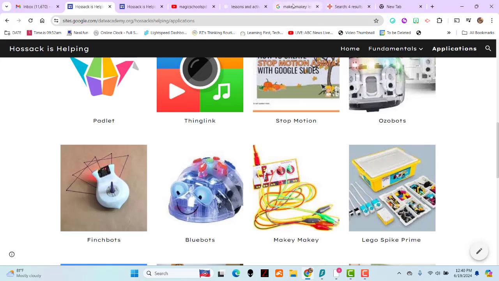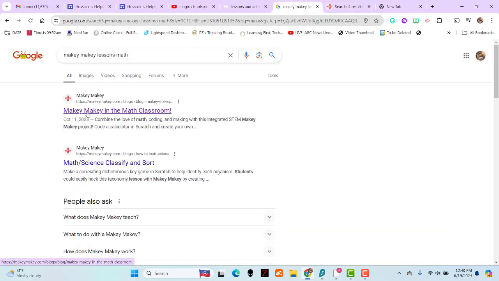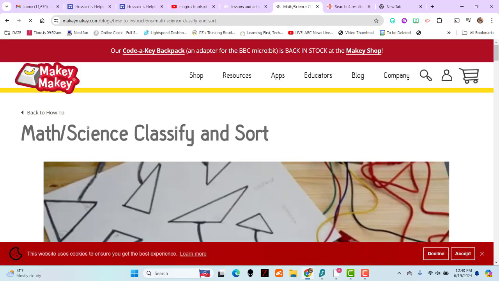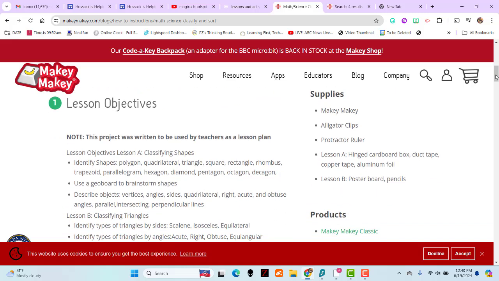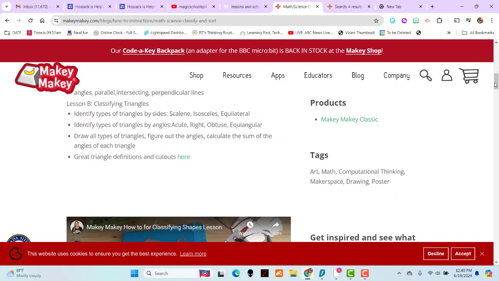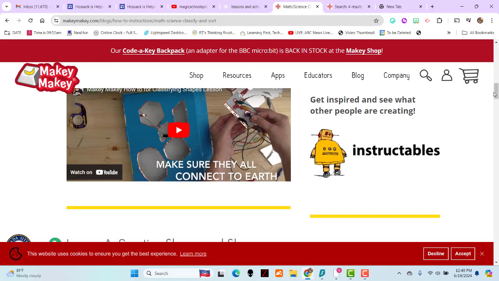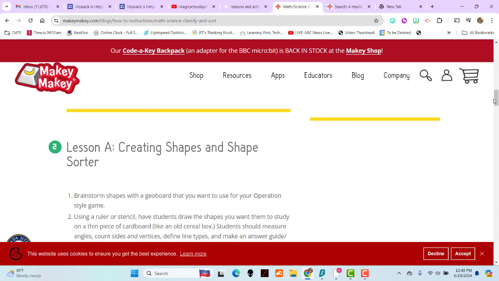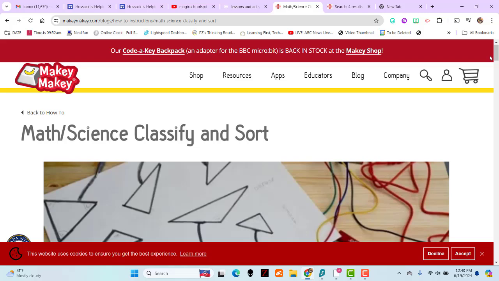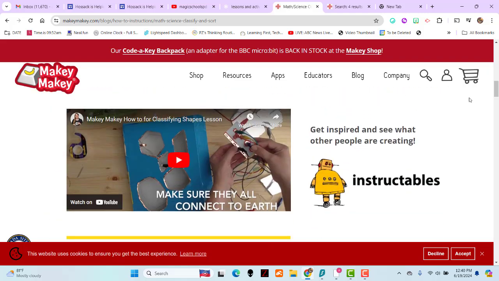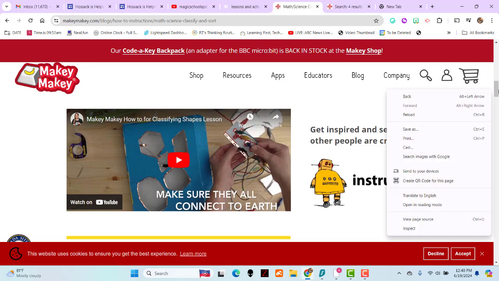If you look over here, you could use Makey Makey in the classroom. You could use Makey Makey for math and science and other stuff. A lot of times other teachers have made these lessons already, so you're using what they already made and making it your own, making it better. Makey Makey is essentially a circuit board which you could use to connect to just about every class.